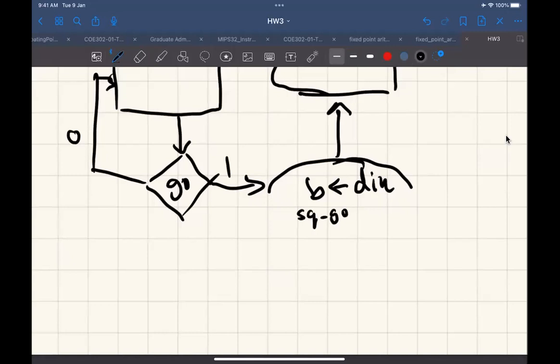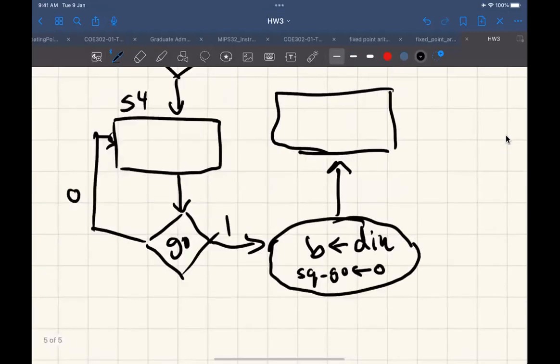Why can't I do that, Shabab? Because B is not loaded yet. Yes, excellent. But note that I have control over square because the square root now expects a positive edge on go, right? So I'm going to set go at least to 0 here, okay?